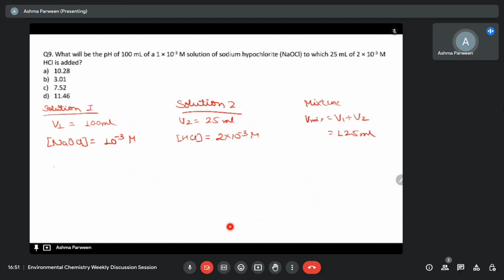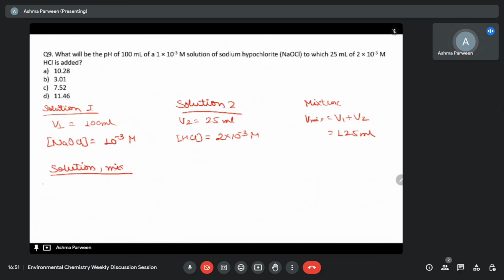So after mixing solution 1 and 2, we will find out the concentration of the various components in the system.